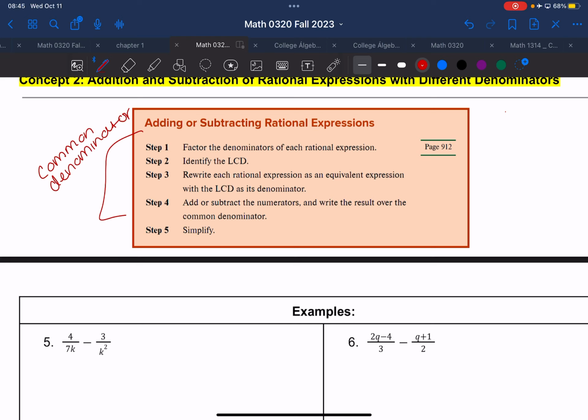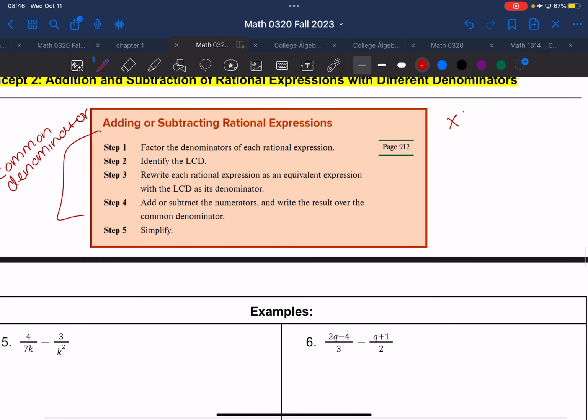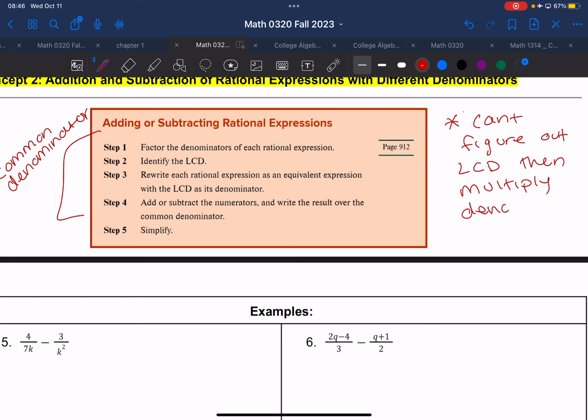In these cases, since we have variables in our denominator, a lot of the time we're going to just end up multiplying those denominators together to get our common denominator. So let's see. If you can't figure out the least common denominator, then multiply the denominators together.